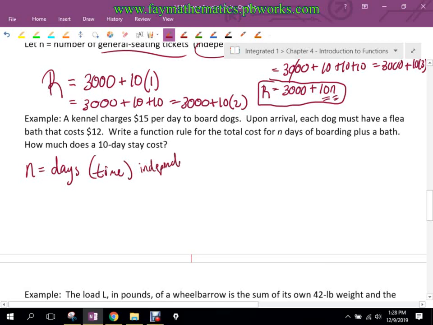Independent. Okay, so then maybe we use, it doesn't tell me what to use for the other variables, so let's say C for cost. Okay, because that's what we're looking for. How much does it cost after a 10-day stay? Okay, so read that statement and see if you come up with a function rule.